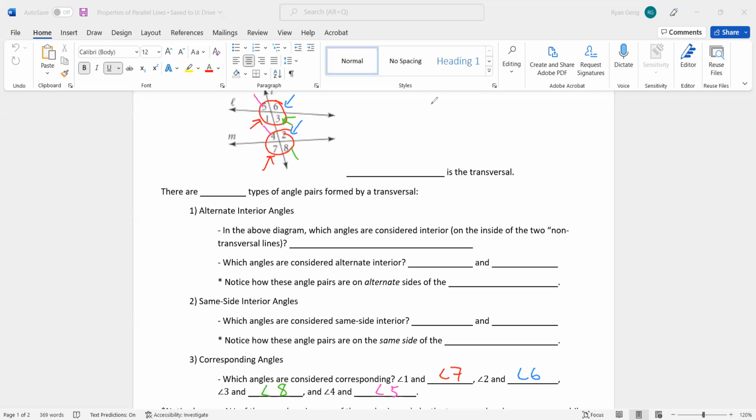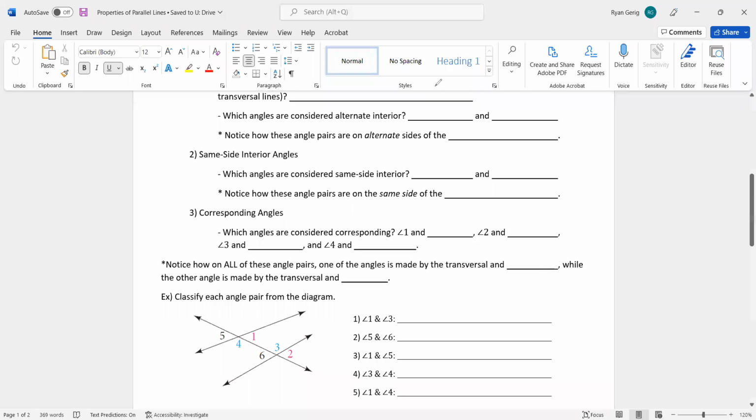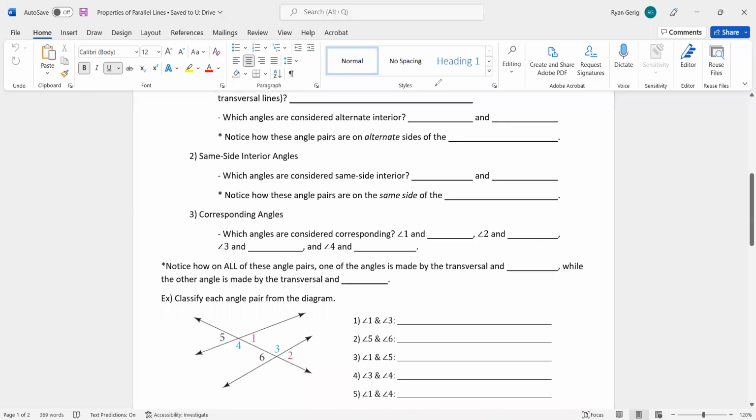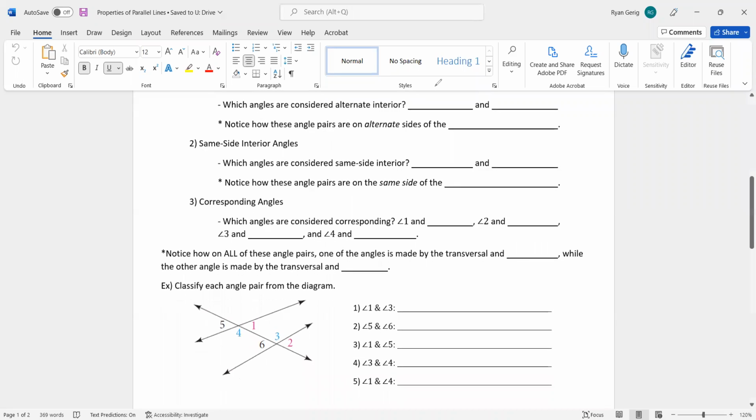Those are all considered corresponding: same corner of the intersection. Notice how on all of these angle pairs, one of the angles is made by the transversal and line L, while the other is made by the transversal and line M.